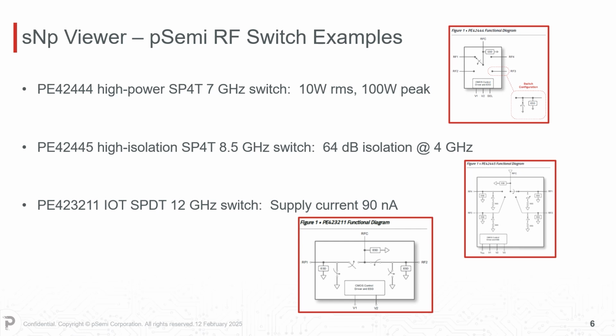Then I'll show you the PE42445, which is a high isolation SP4T 8.5 GHz switch, which can handle 64 dBs of isolation at 4 GHz. And finally, I'll show you the PE423211, which is an IoT SPDT switch up to 12 GHz. It has an incredibly low supply current of 90 nanoamps.